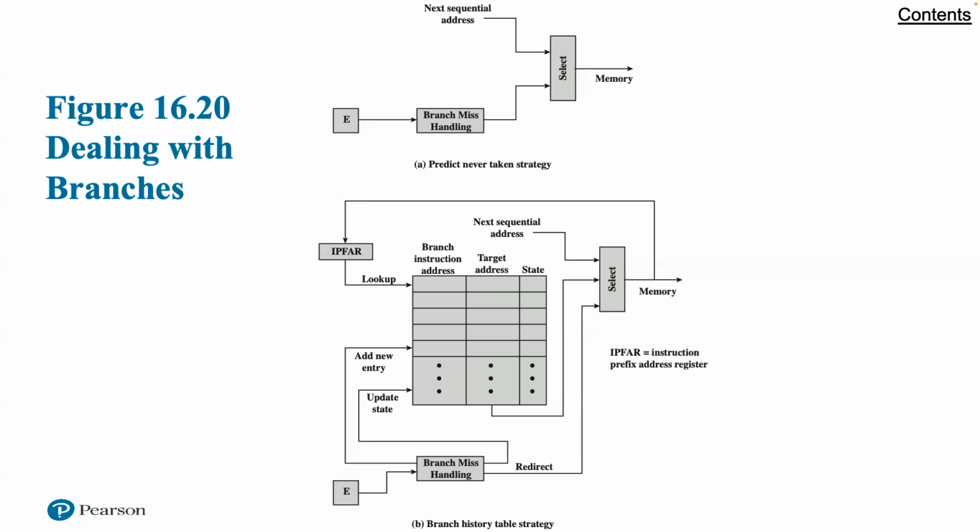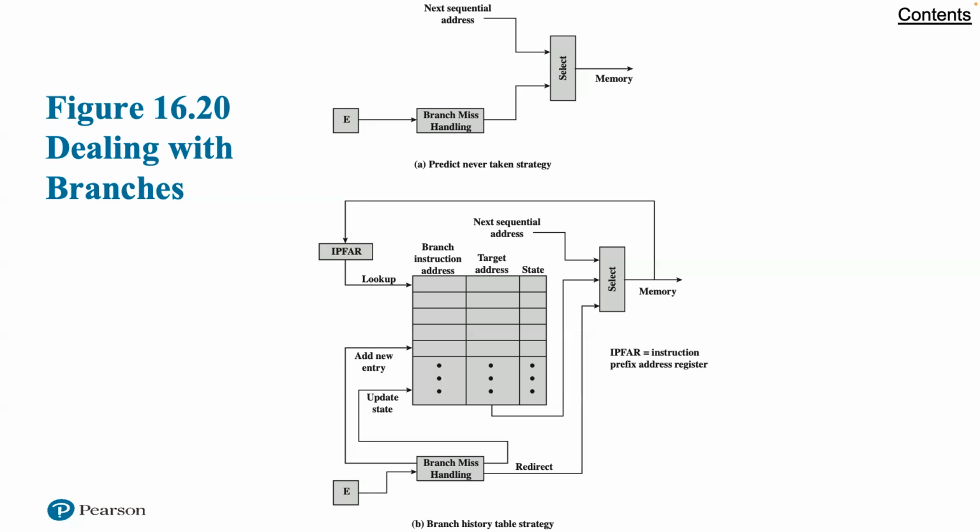There are a number of strategies possible. Typically, recent global branch histories, that is, the history of the most recent branches, not just of the branch instruction, is used in addition to the history of the current branch instruction.